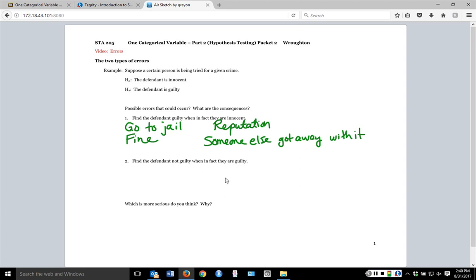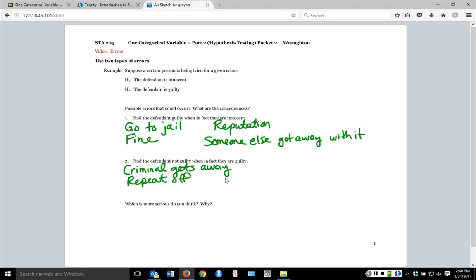So what is so bad about that? Well, if we let someone get away with it, first of all, the criminal gets away. That's definitely a bad thing that could be happening here. Because of that, we could have someone who ends up being a repeat offender.